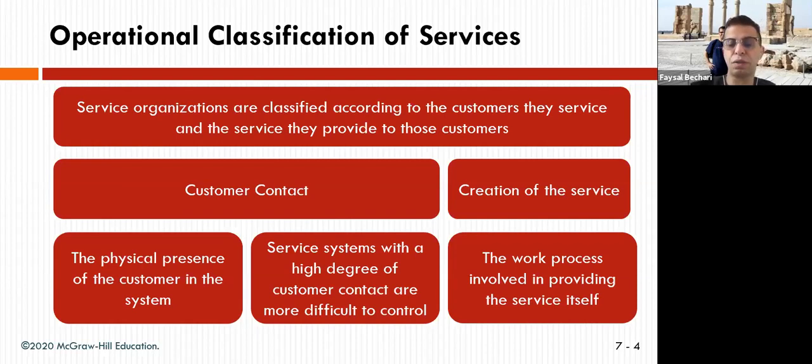And the work process involved in providing the service itself, like in legal work or medicine in hospitals, is different than in fixing a car. They're totally different. So that also affects the service packages that you are providing for them.